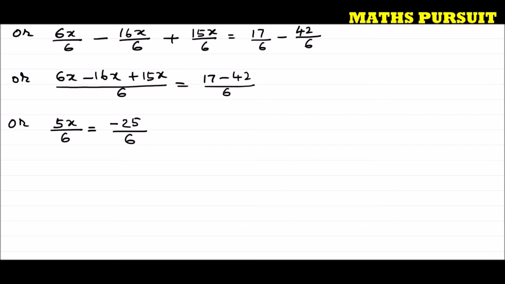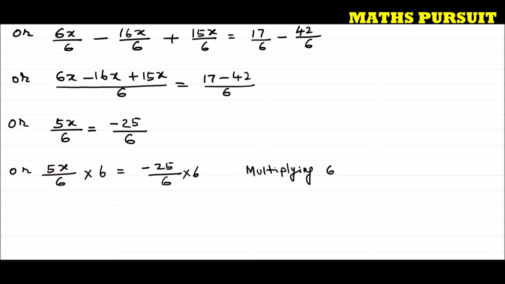Now, I can write 5x divided by 6 into 6 is equal to minus 25 divided by 6 into 6. What am I doing here? I am multiplying 6 to both sides. Why have I multiplied 6 to both sides?